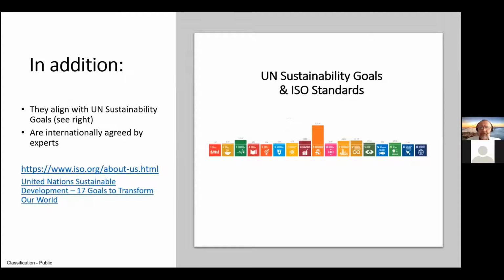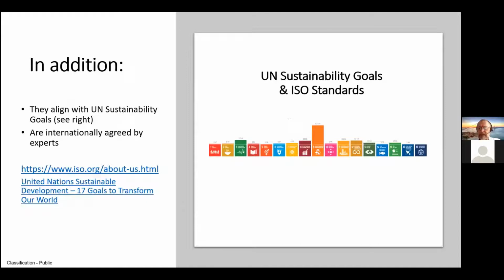So in addition, ISO standards align with the United Nations Sustainability Goals. Now, on the image on the right, you may be able to read that there are 17 current sustainability goals. There is a link within the slides to more information on these. But of particular relevance is number 5, which deals with gender equality.